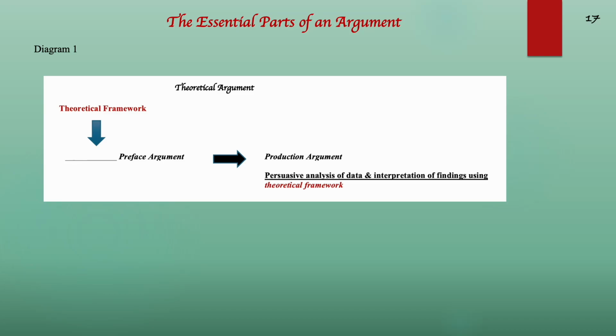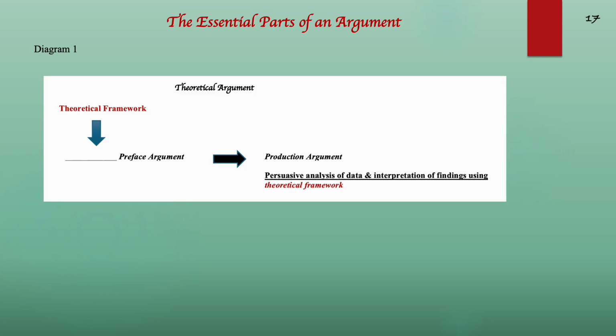Your production argument then unfolds in the analysis section of your manuscript, where you persuade the reader through evidence, your insightful interpretation and careful reasoning. In other words, this is where your argument is fully developed and defended. You'll see here that I've inserted the role of your theoretical framework, which ultimately leads to your preface argument. This diagram helps us see something very important.